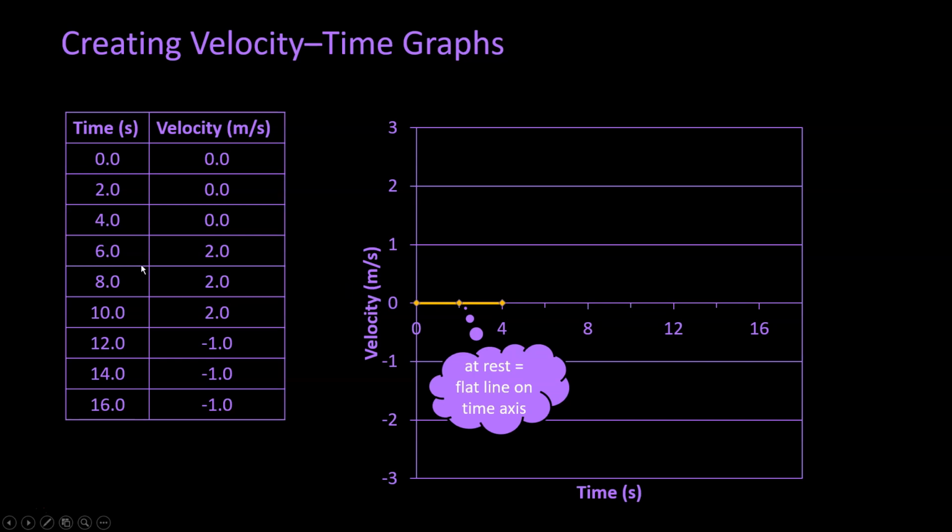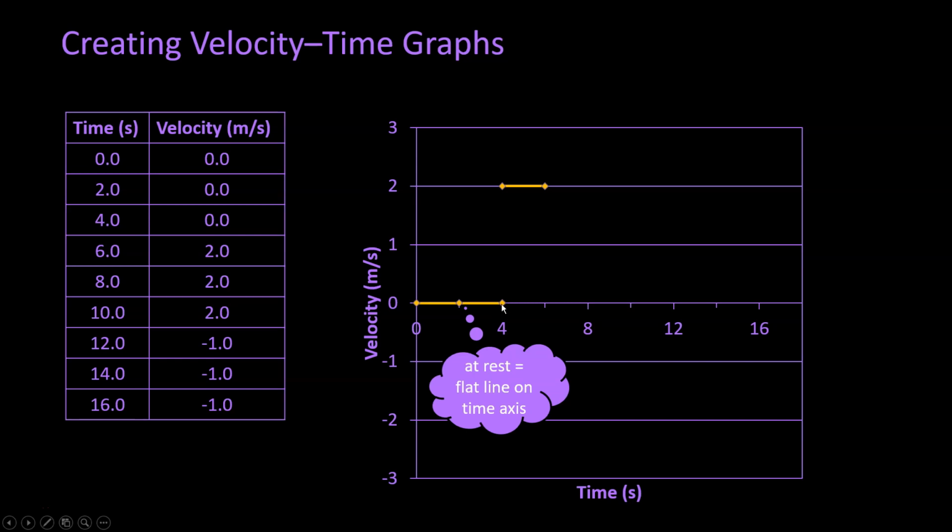Let's move on now to 6 seconds, and at 6 seconds it's moving. And so a little strange here, what we have to do is we have to start that motion at 4 seconds, and it's moving at 2 meters per second. And so that actually started at the end of the 4th second and continued through the 6th second. So we have two data points here, and we do not connect them with a line, we just leave them blank like that.